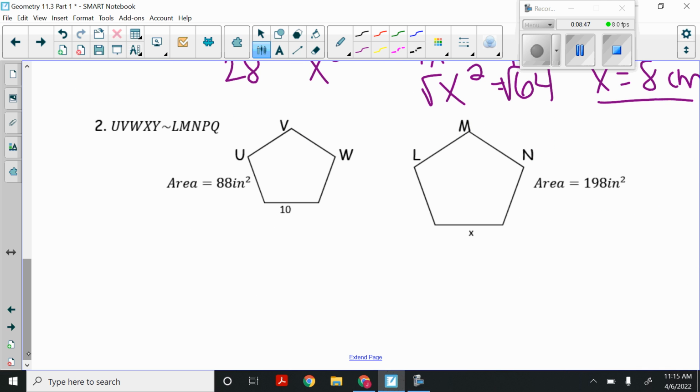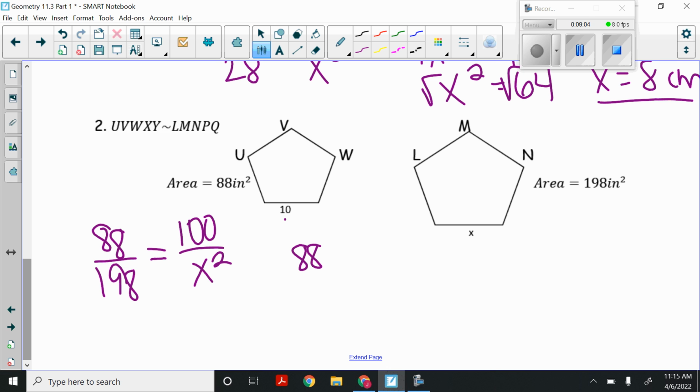Again, they give me the areas, so I would say 88 over 198 is equal to, I have to square the side, so 100 over x squared. So cross multiply, so 88x squared is equal to, so when I do 198 times 100, I get 19,800.